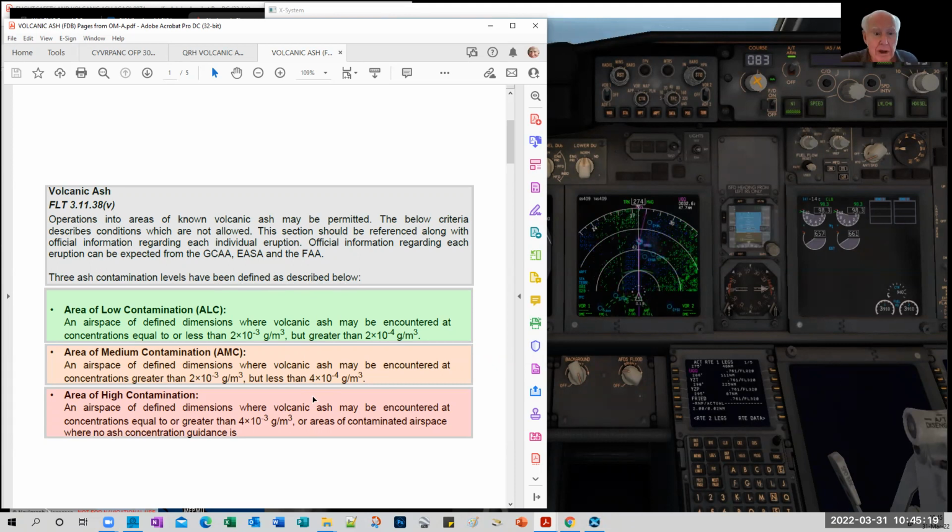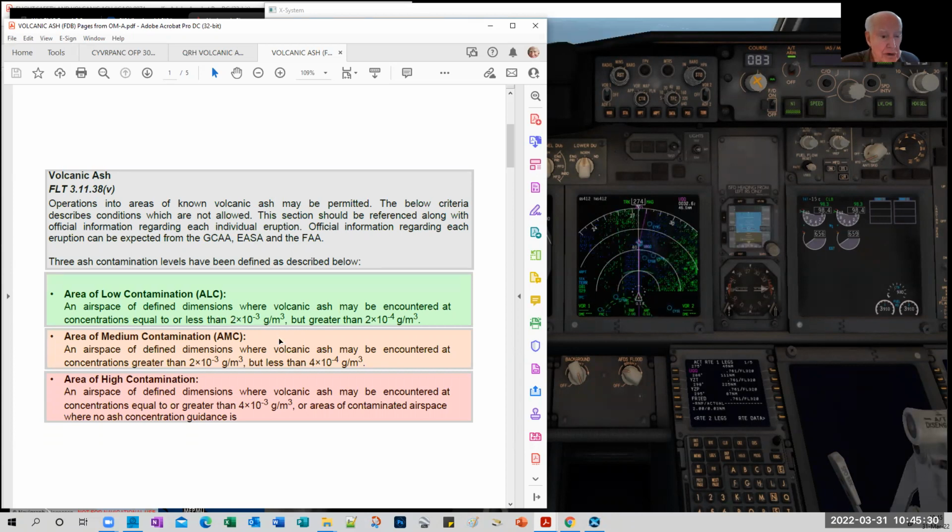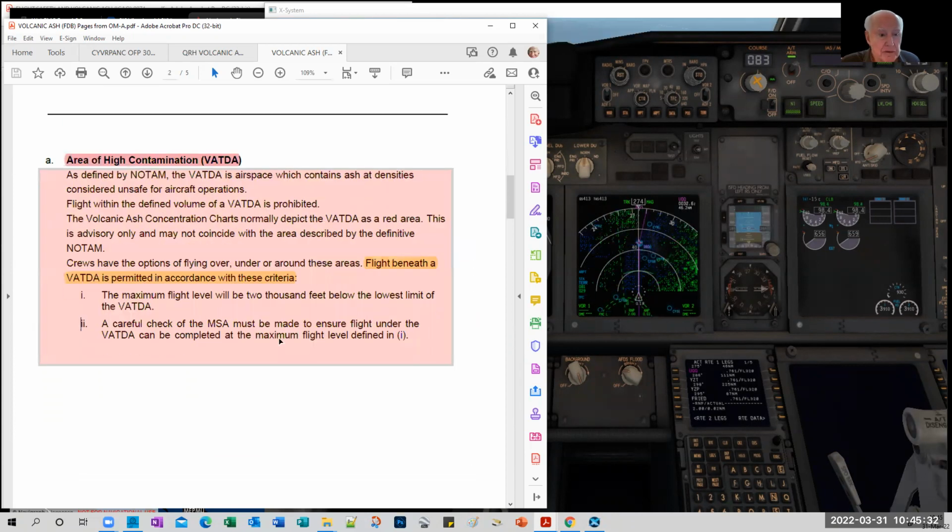These are what you would see within a NOTAM to give you an idea of the grams per cubic meter concentration. High contamination, as defined by NOTAM, contains ash at densities considered unsafe.